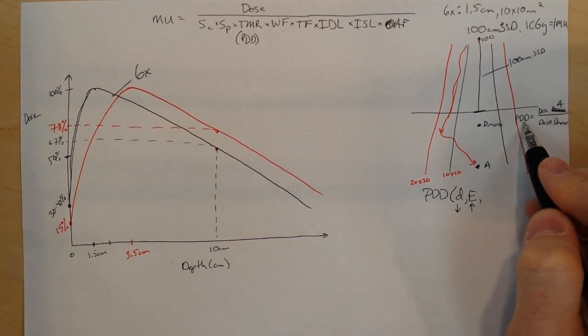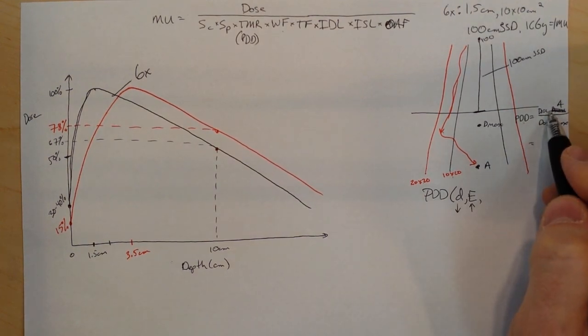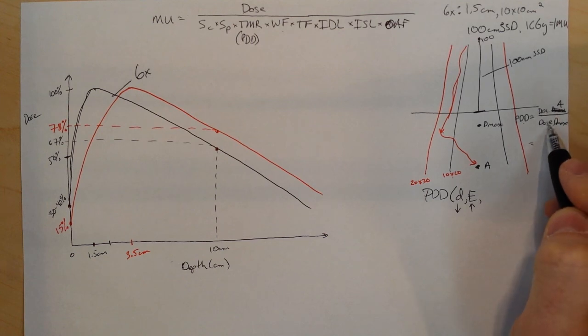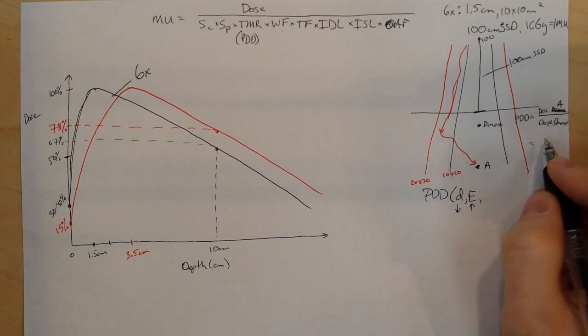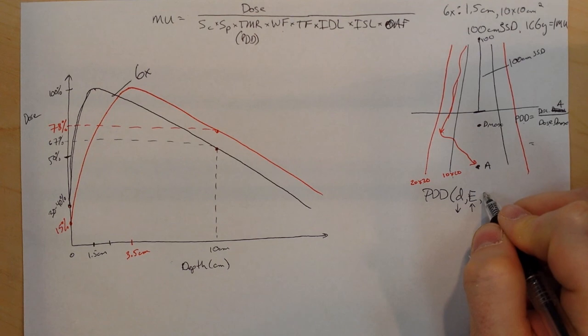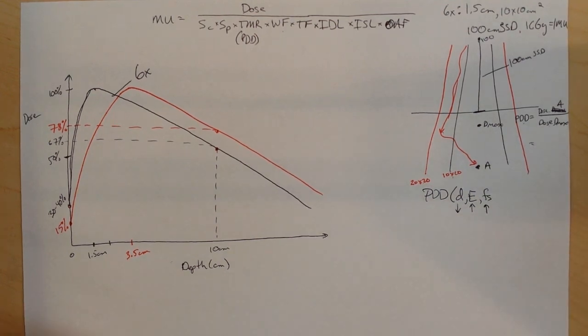Look at the equation for percent depth dose. If I increase the dose at point A, this dose stays the same, my percent depth dose goes up. So as I increase the field size, my percent depth dose increases. Graphically, what that looks like, let's take 6X.